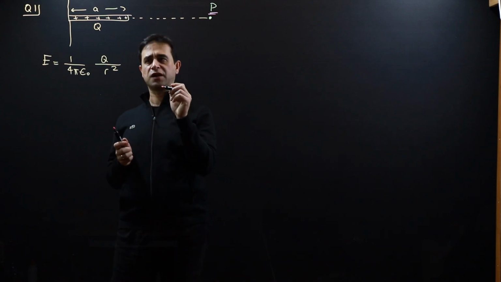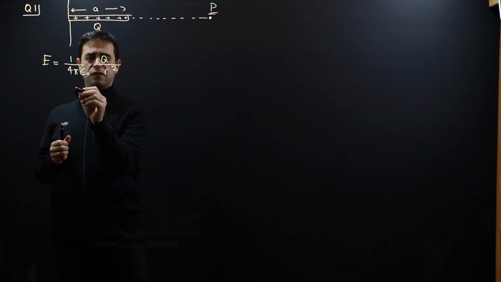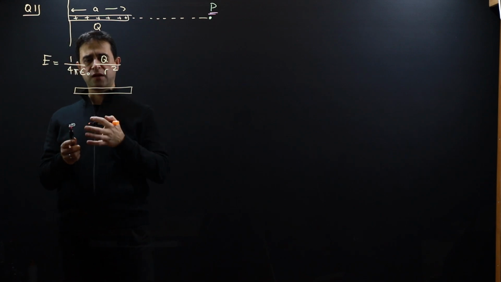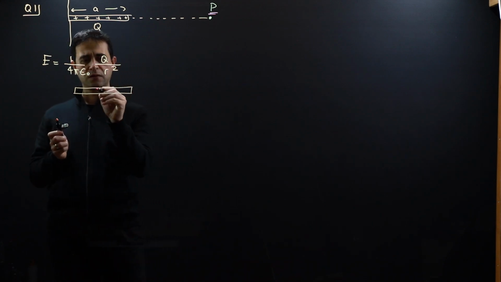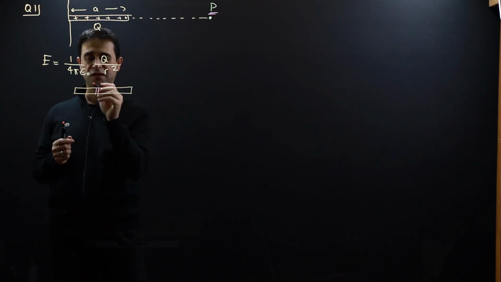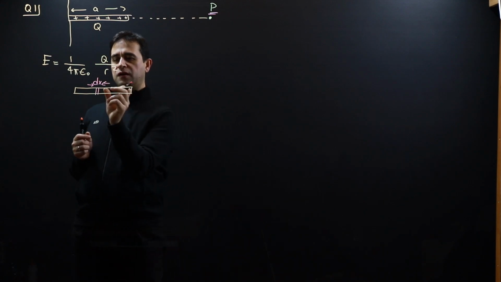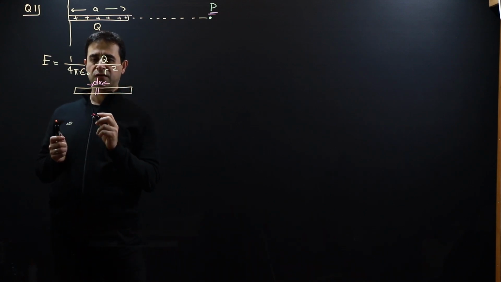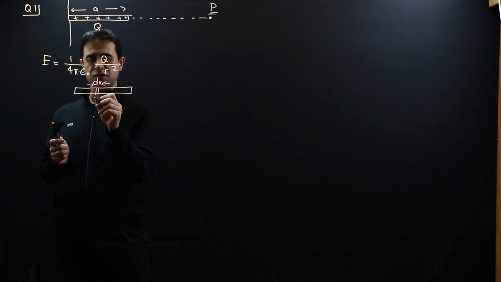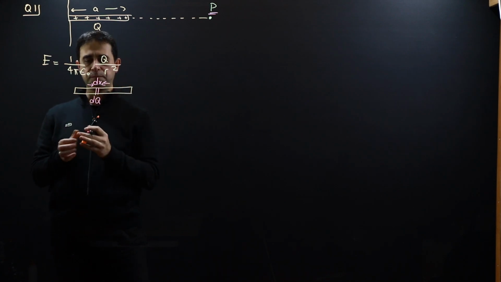Okay, so let's draw it again. So this is the picture, and I'm going to take a small part of this. Small meaning it's infinitely small or infinitesimal, right? So that's where the thickness of this is dx, and because it's infinitely small, the charge of this thing is dq, okay?